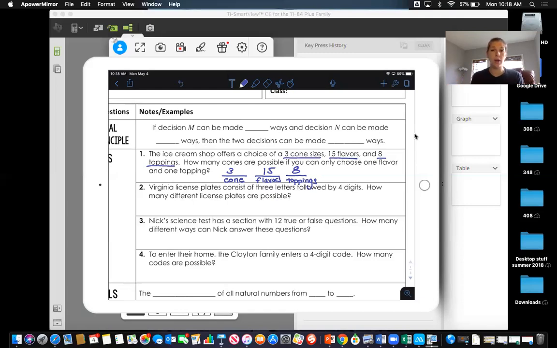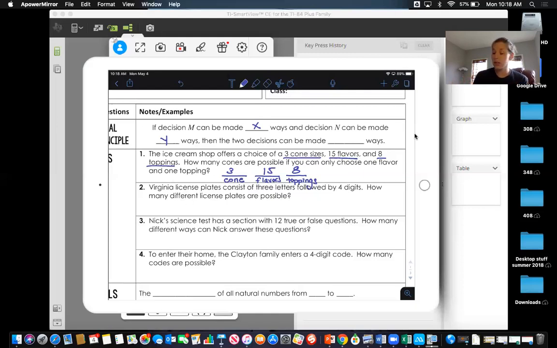So decision M, or cone in our first example, can be made X ways. And decision N, a different category, our next category was flavors, so I created another slot for flavors. It can be decided on in Y ways. For us, X would be 3 and Y would be 15. So it's your number of choices per slot.